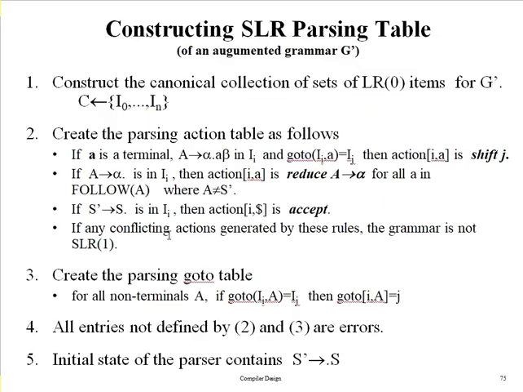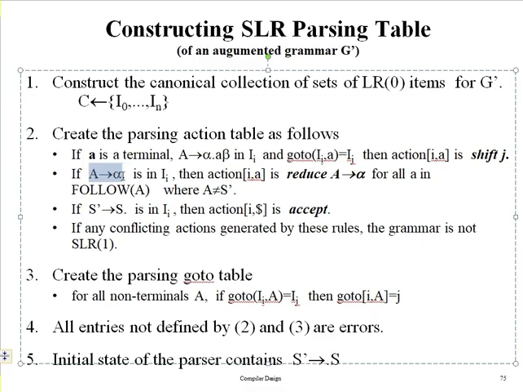According to this algorithm, if the item is a final item, we should calculate the follow of non-terminal A. Once we calculate the follow of A, we can identify the columns, because the result of follow of A is a set of terminal symbols that immediately follow A in the production rules of the grammar.